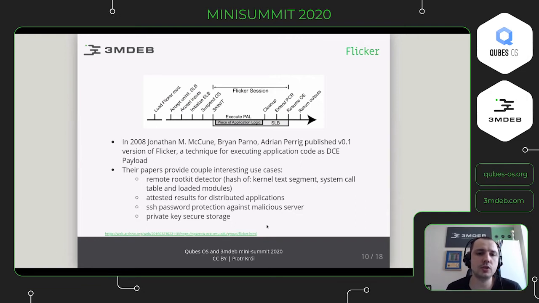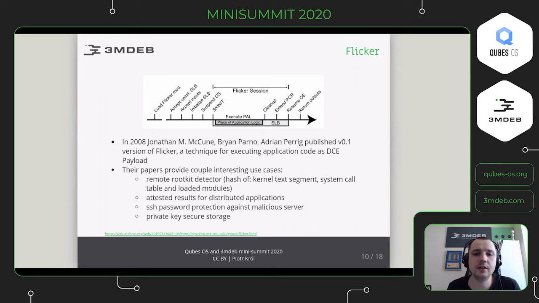One use case was a remote rootkit detector. They had a system to which they established a VPN channel and demanded to execute the skinit instruction. In the skinit instruction, there was small code which checked the kernel text segment, syscall table, loaded modules. It can check way more things.